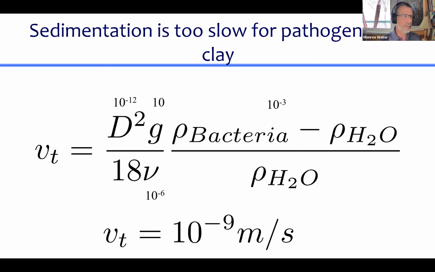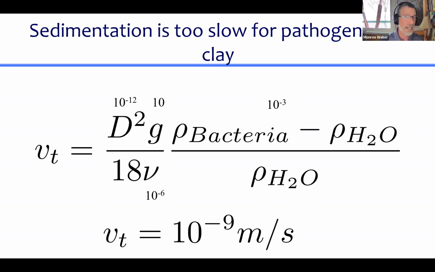So molecular diffusion, the fact that water molecules are bouncing around because they have thermal energy, moves the bacteria around as well, and that rate is actually faster than this terminal velocity. That means diffusion will keep the bacteria cell in suspension, and it's never going to settle out. So that was grim, and it would suggest that if we're trying to remove pathogens from water, sedimentation is not a good option.